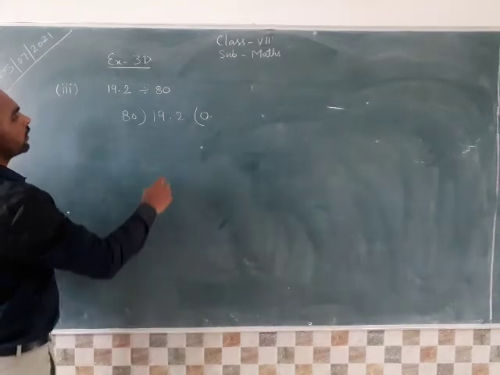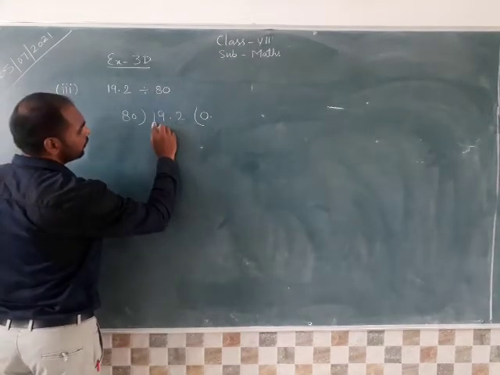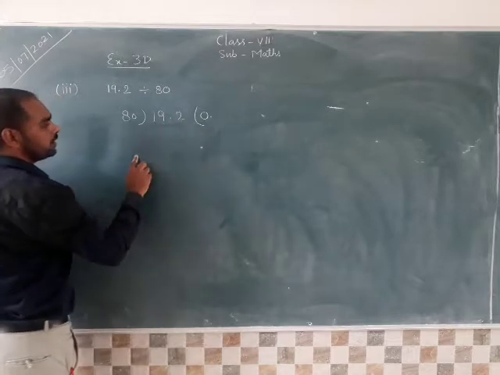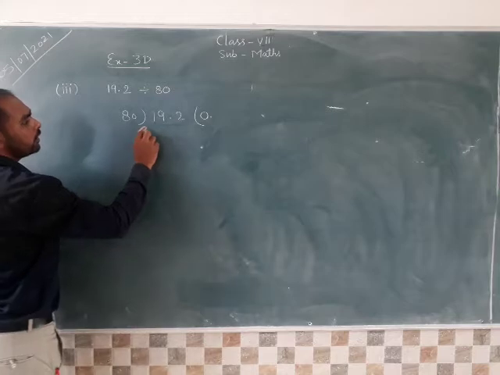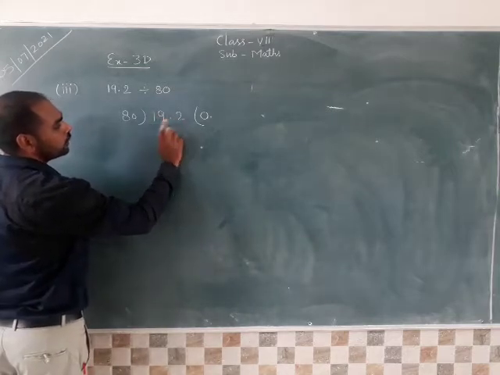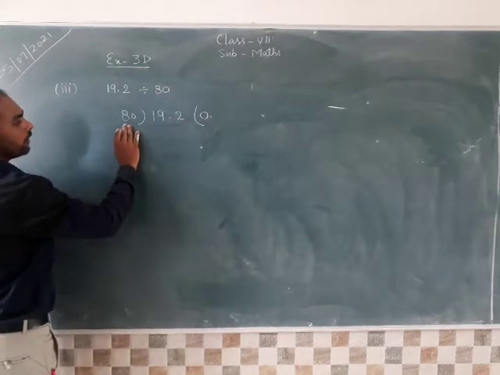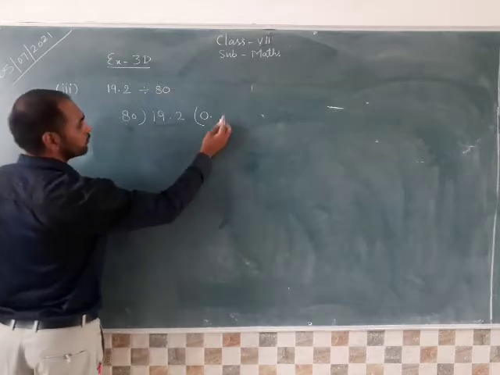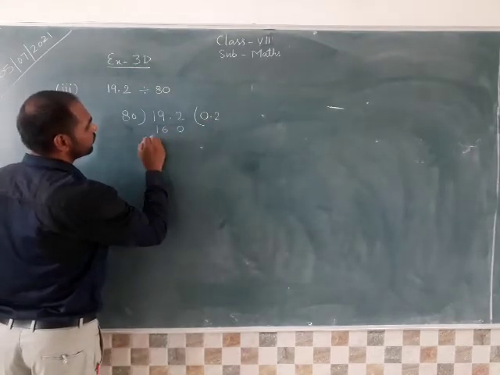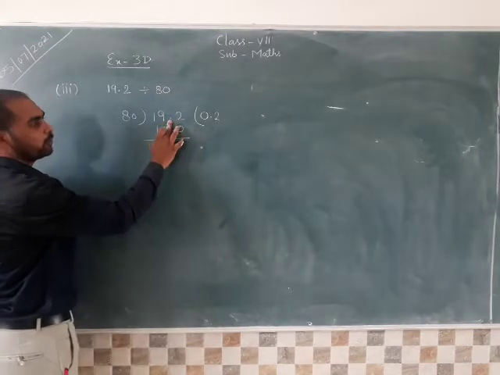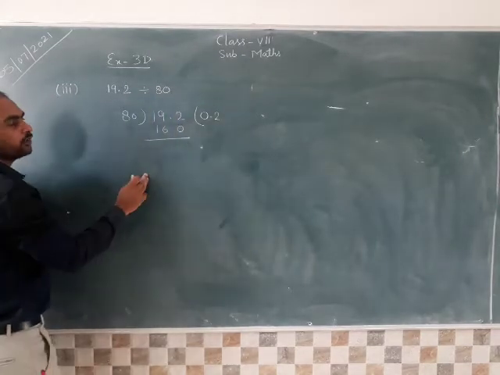Now we will take all three digits, because we have marked point in the quotient. Now it will become 192. We know very well 80 twos are 160. Now forget point here, because we have marked point in the quotient.